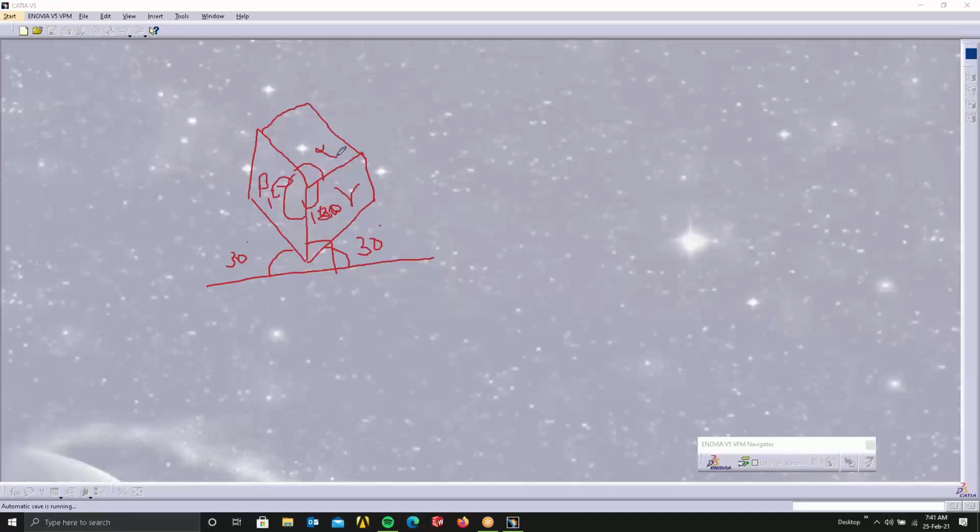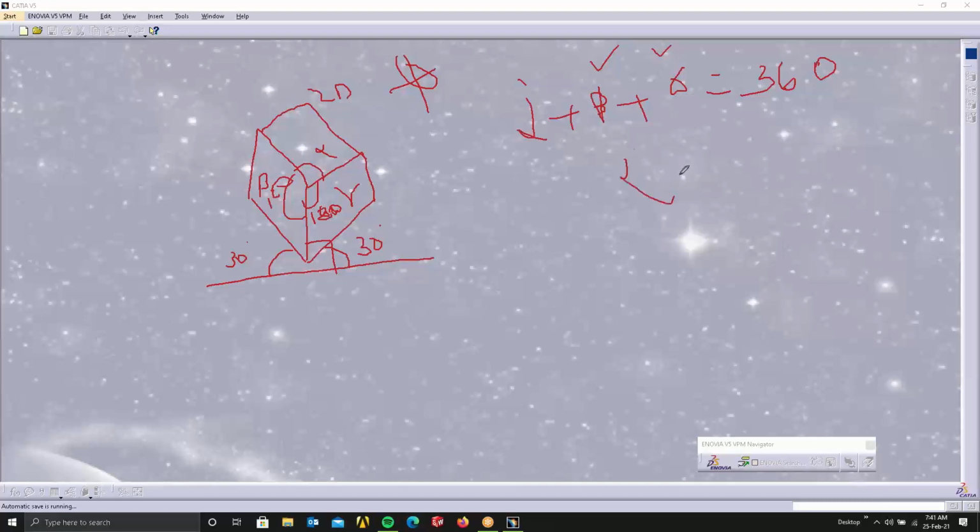So we don't know what is gamma. So alpha plus beta plus gamma. Just imagine this as a 2D sketch. It's a normal circle. So what is the total angle of a circle? 360 degrees. We know beta and gamma are 120, 120.